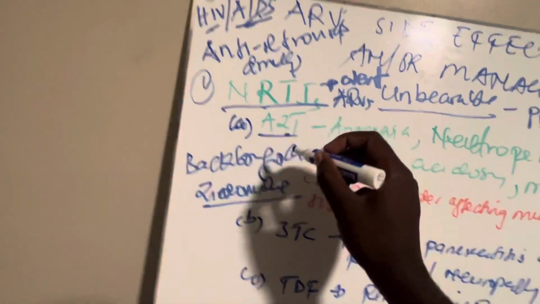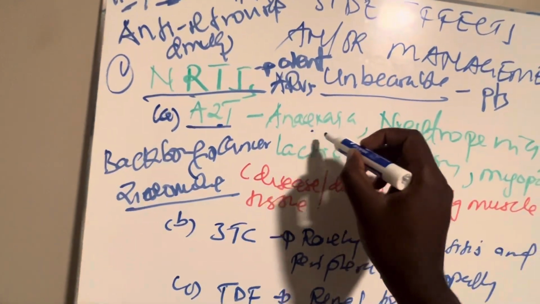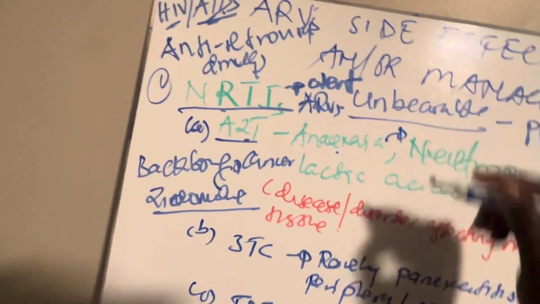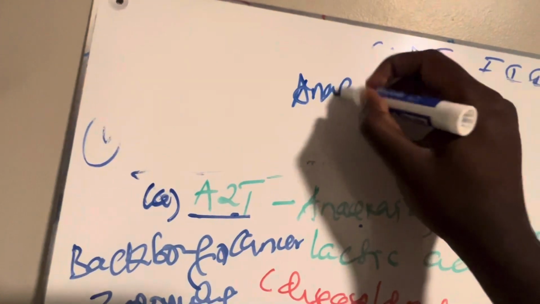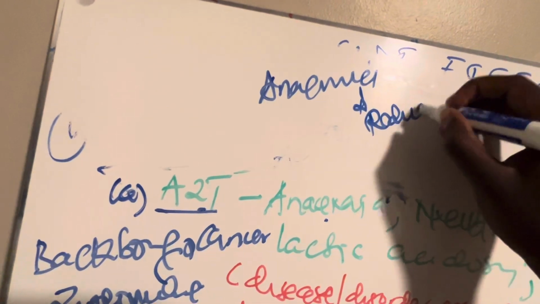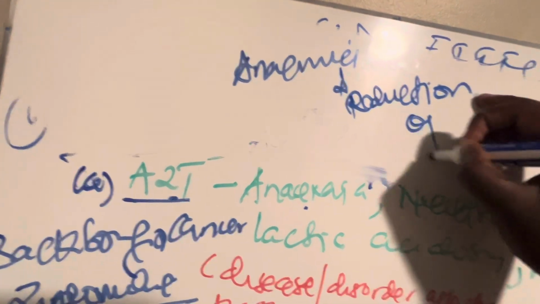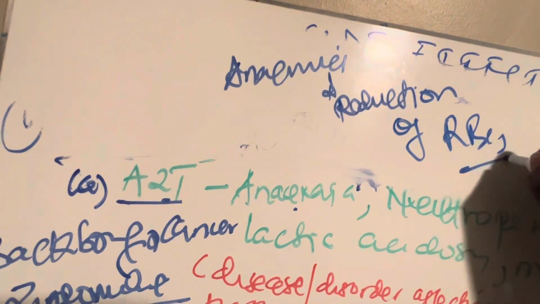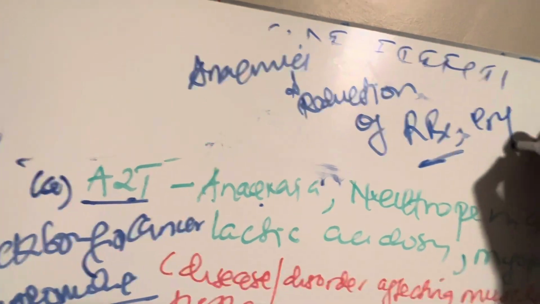So AZT can cause what we call anemia. Anemia is basically the reduction of red blood cells, erythrocytes.